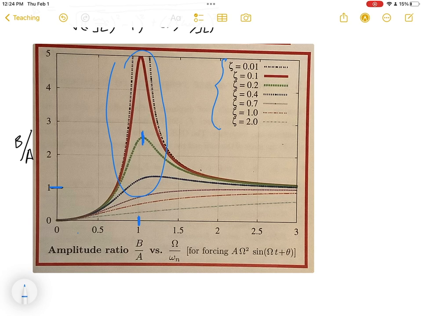It's at some omega tuned. So omega tuned is the input frequency that gets you the largest magnitude of response, and that equals omega n over the square root of 1 minus 2 zeta squared, which is approximately equal to omega n for small zeta.